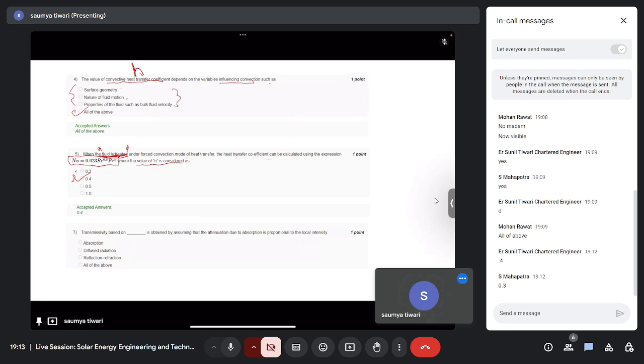Now, transmissivity based on dash is obtained by assuming that the attenuation due to absorption is proportional to the local intensity. What should be the correct option for this particular statement?